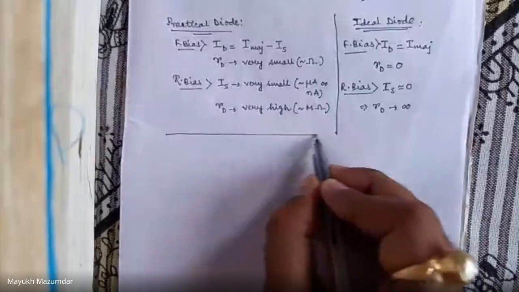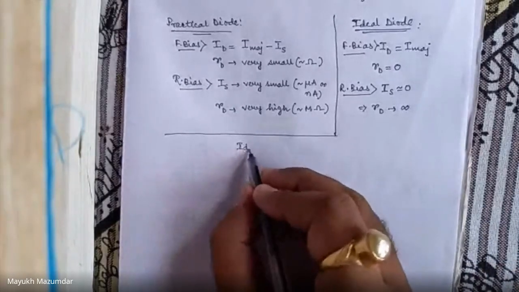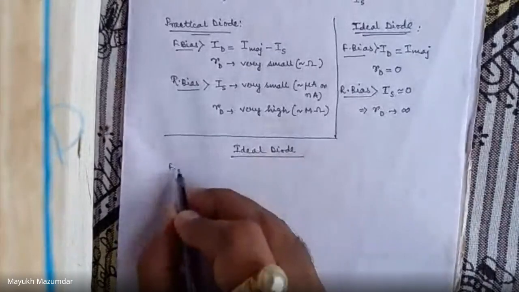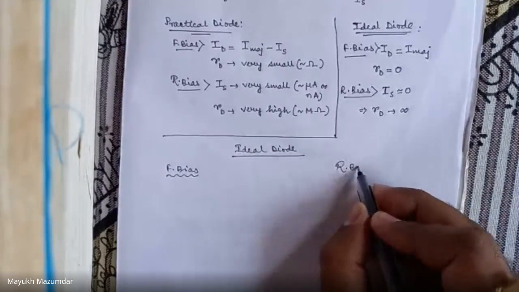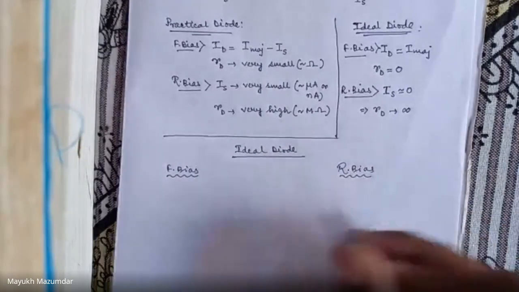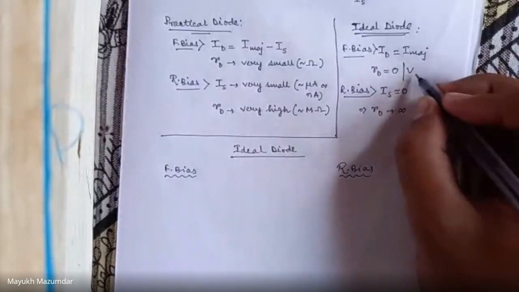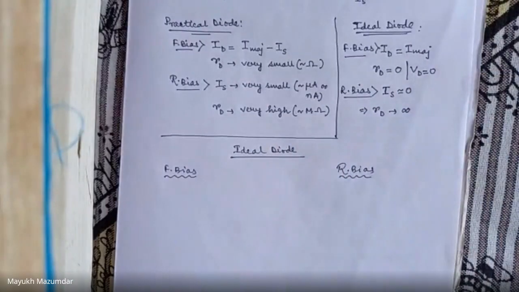Let me extrapolate this. So when I have an ideal diode, obviously with two regions, forward bias and reverse bias. Another thing here, by Ohm's law we can say that Vd is zero, isn't it? V equals IR. If R is zero, Vd will also be zero. I hope you agree with me.